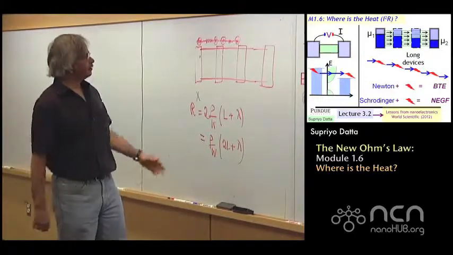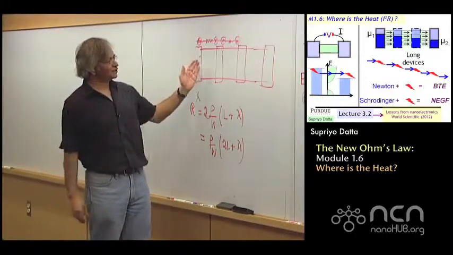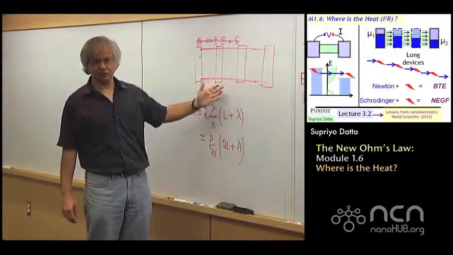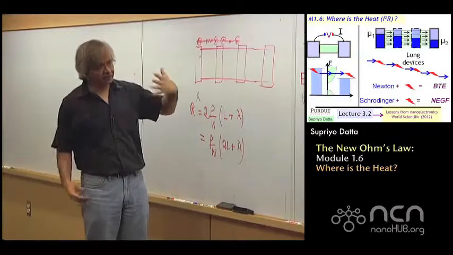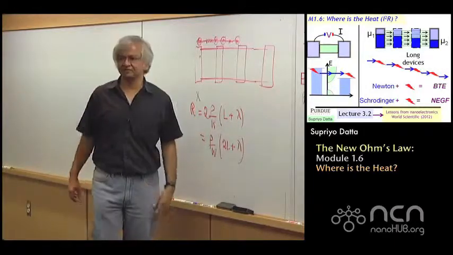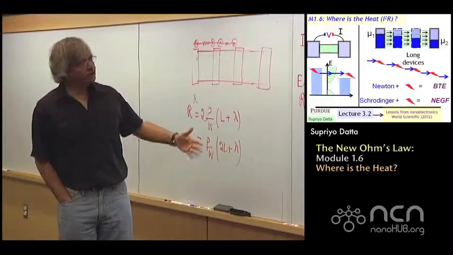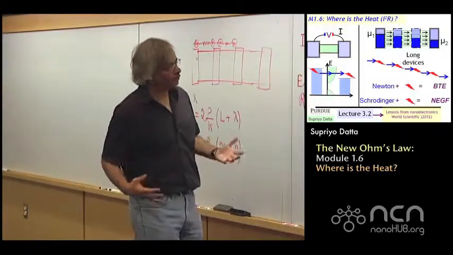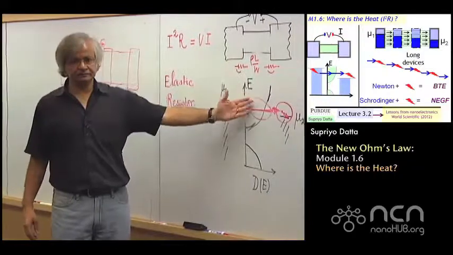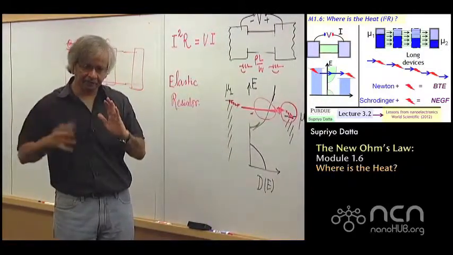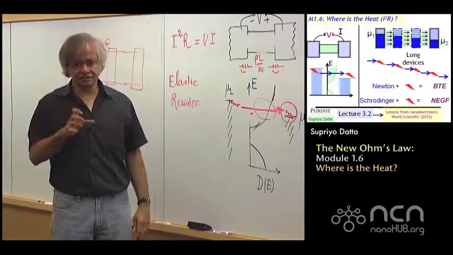Which is why if you tried to think of big conductors as lots of little things in series, you'd get very confused, because you wouldn't know how to use that viewpoint. But now that people understand this interface resistance clearly, it is possible to use this viewpoint of small conductors, these elastic resistors, and think of a big conductor as lots of these in series.